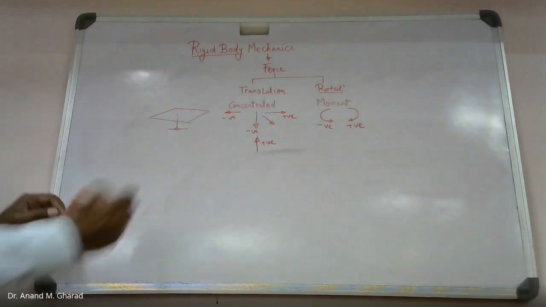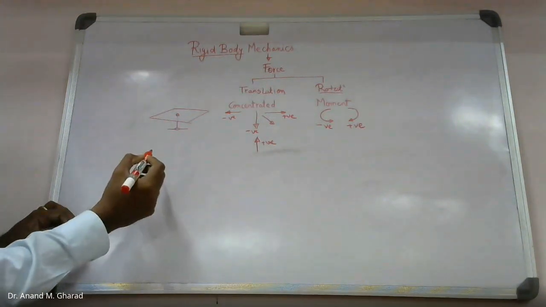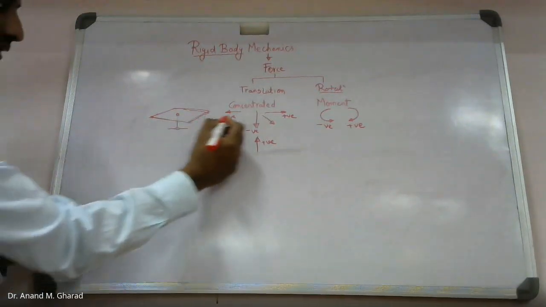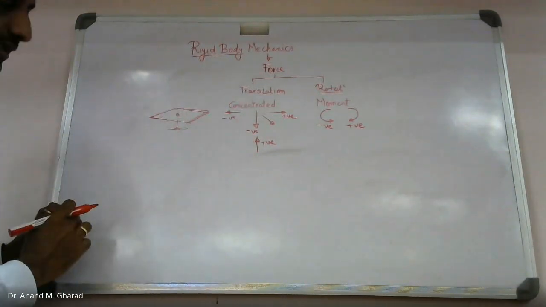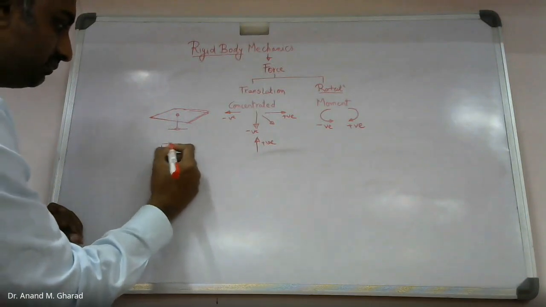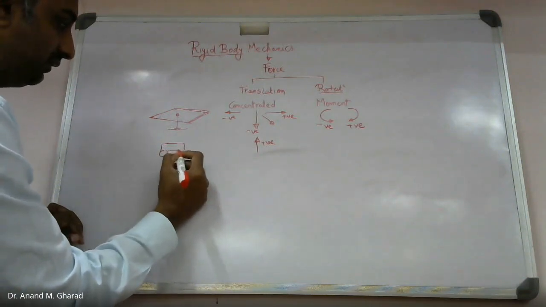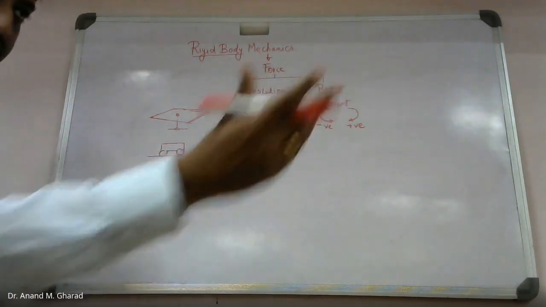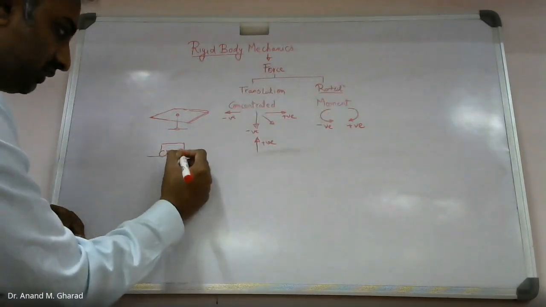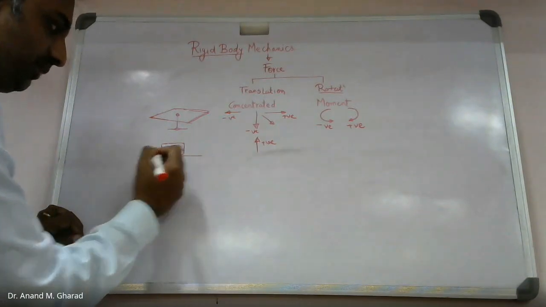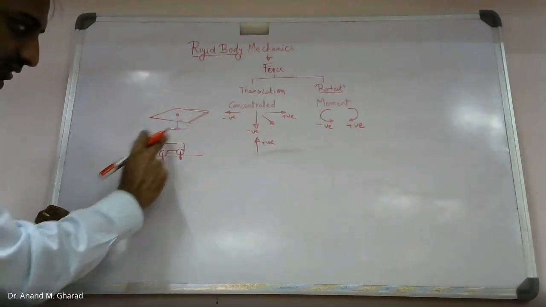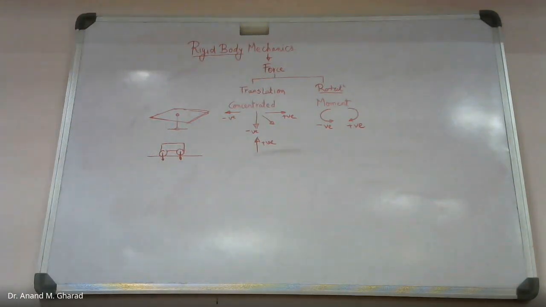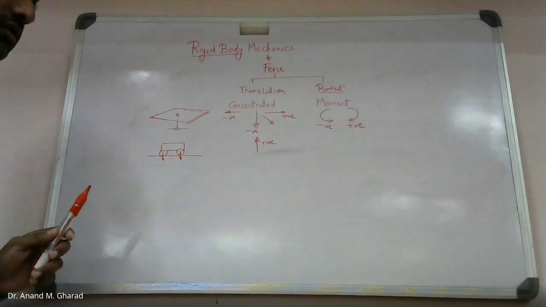This point of contact compared to the complete area may be treated as a concentrated load. Similarly, a vehicle standing on a road surface, which is an infinite surface. Whatever loads come from the axle of this vehicle will be treated as concentrated load.